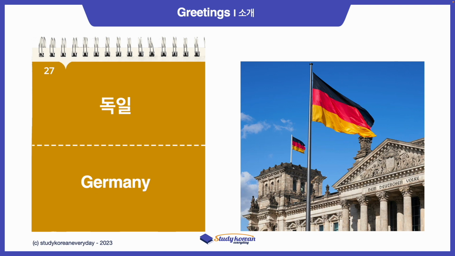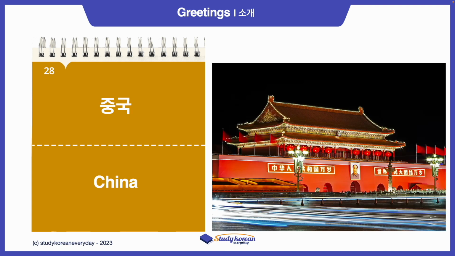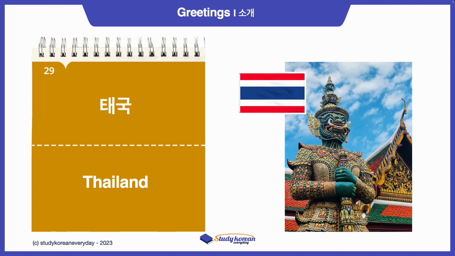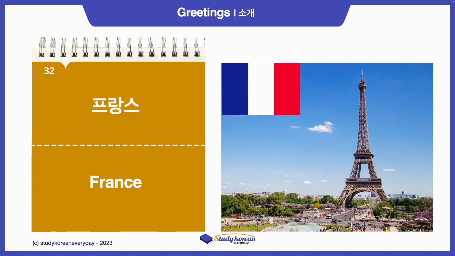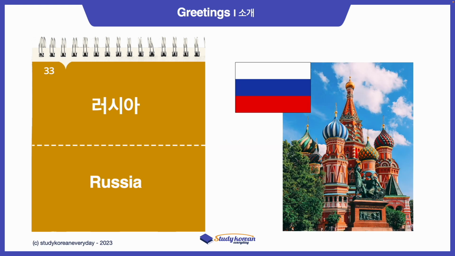독일, which means Germany. And 중국, China. 태국, Thailand. 인도, India. 프랑스, France. 러시아, Russia.